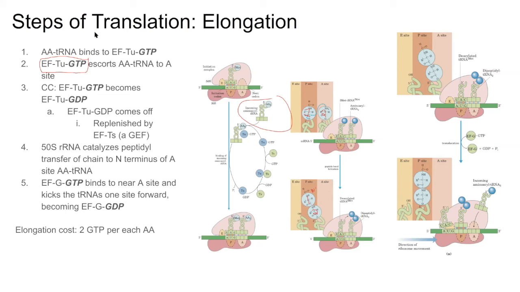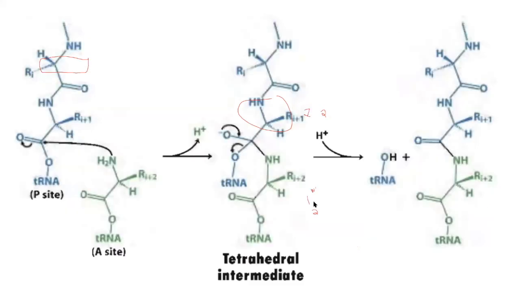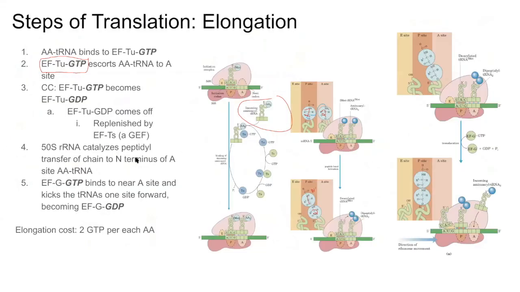I put in the next page a much more detailed electron pushing diagram if that is clearer to you. But essentially, remember, the amine group of the new amino acid attacks the old peptide's C terminus to allow the old peptide to become part of the new amino acid, the new tRNA.